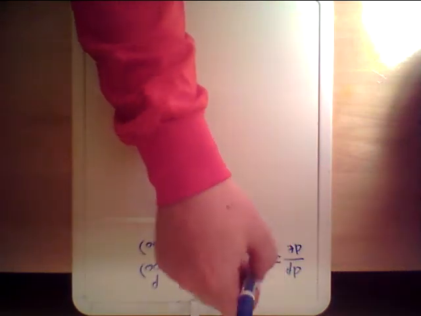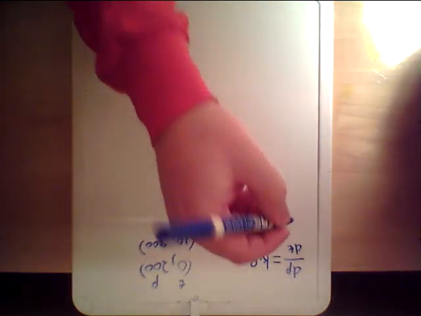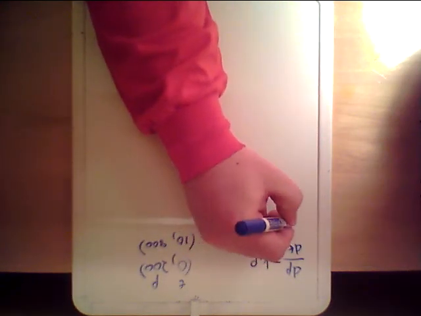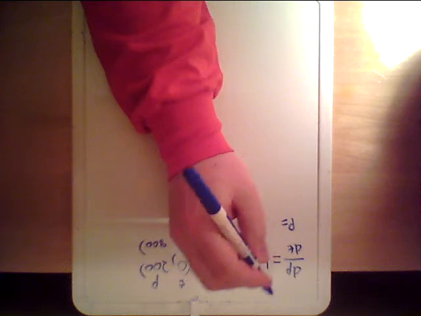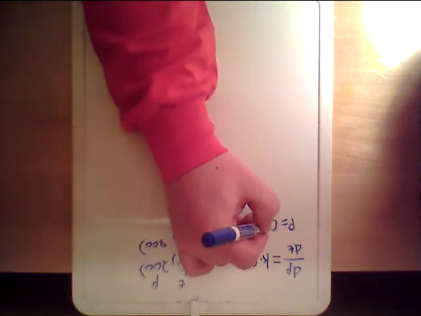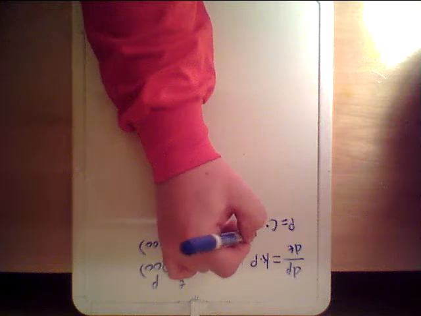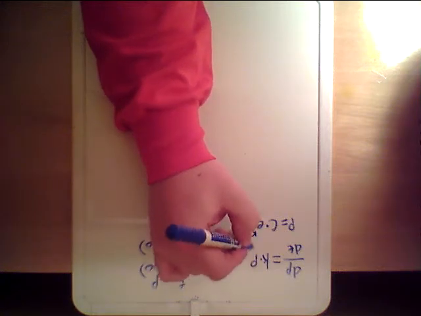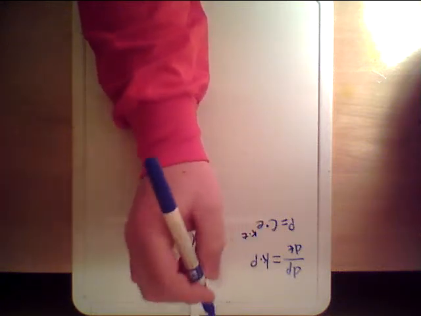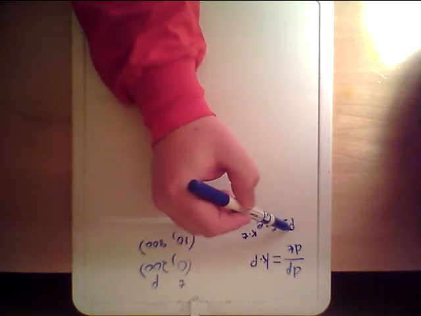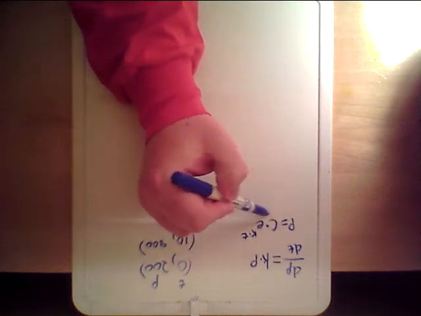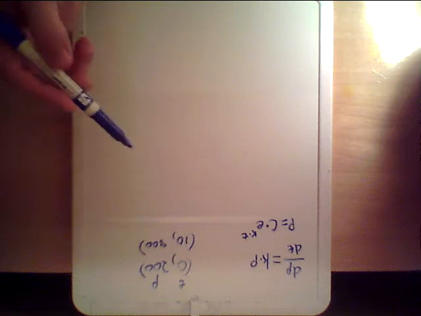So the solution to this differential equation would be P, population, equals some constant times e to some other constant, this K, times T. So this differential equation leads to this exponential equation, and now we can start to solve.